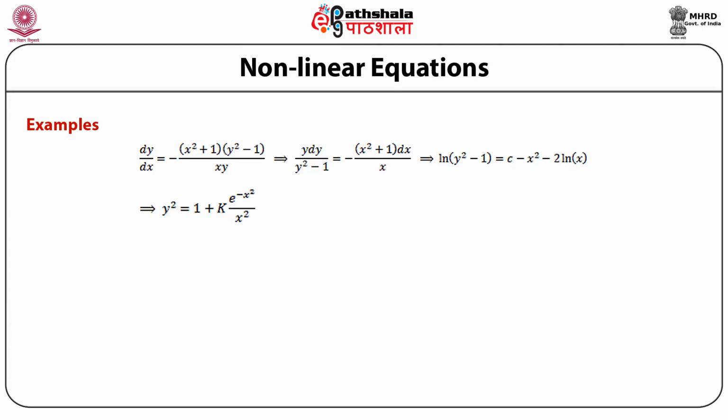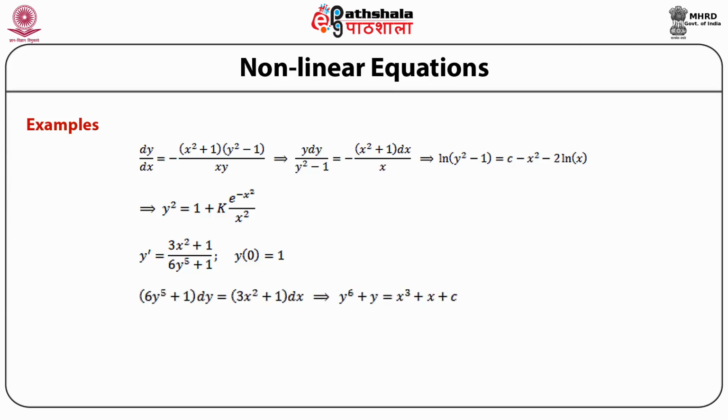Second example is y prime is equal to (3x square plus 1) divided by (6y raised to power 5 plus 1). Now the boundary condition is given by at x equal to 0, y is equal to 1. So the equation may be rearranged as (6 times y raised to power 5 plus 1) dy is equal to (3x square plus 1) dx.